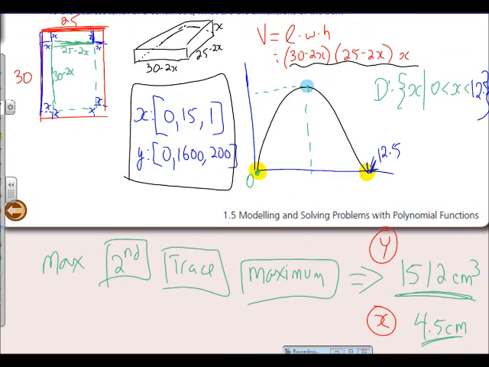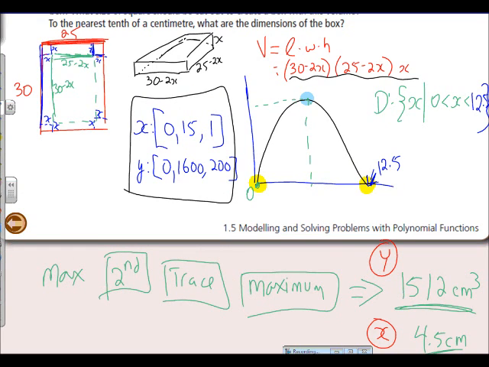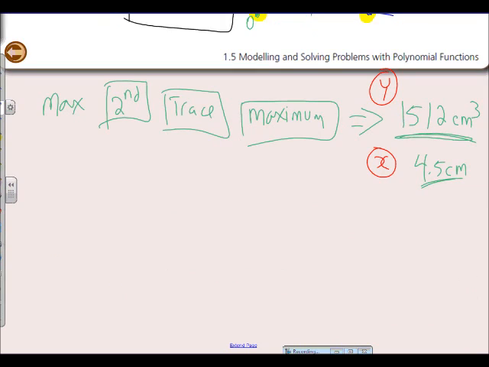We need to then just figure out what the length and the width are by plugging them into the two other dimensions. So your height is equal to 4.5.